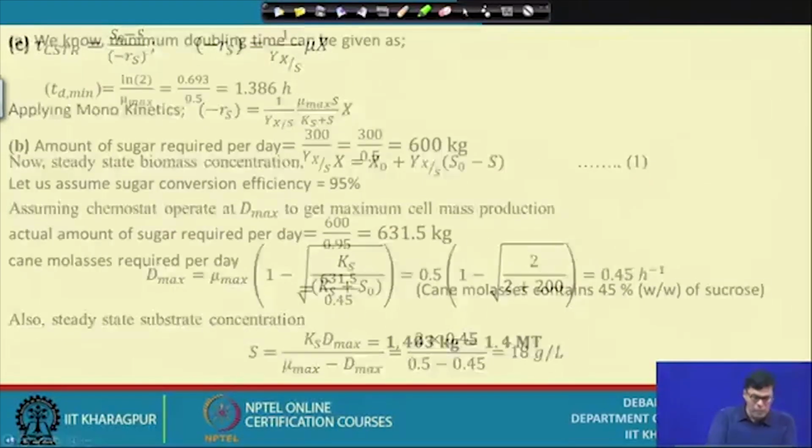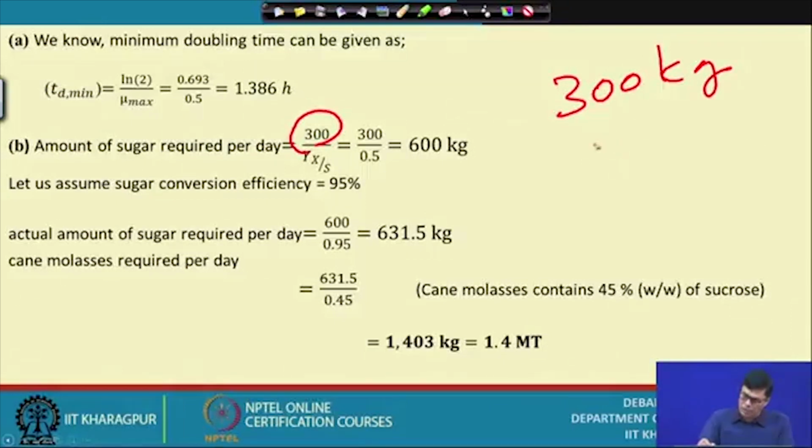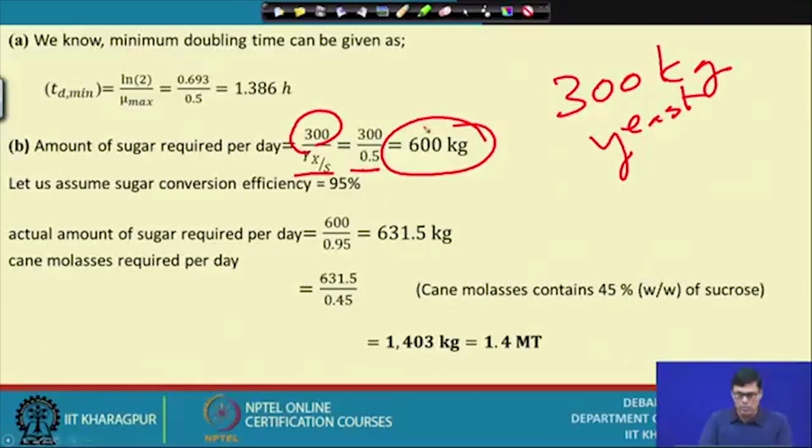So, the question comes how we can find out the amount of cane molasses required per day. So, we shall have to produce 300 kg of dry yeast. Am I right? And the yield coefficient is 0.5. So, if you divide by that, you will find how much substrate, sugar, is required.